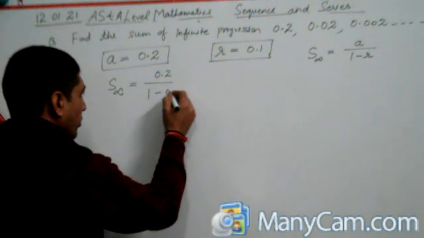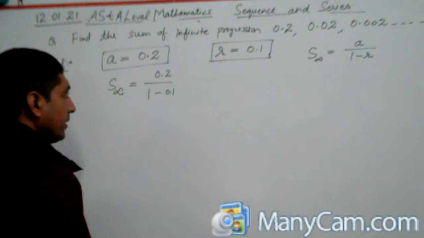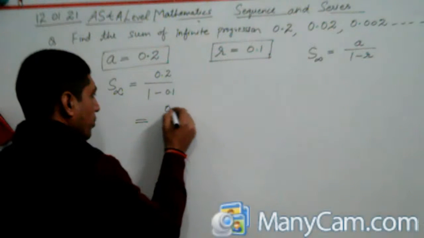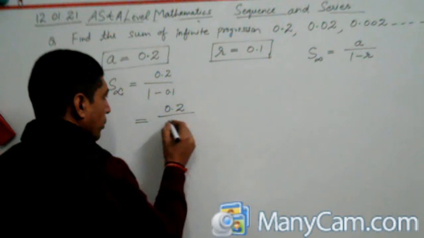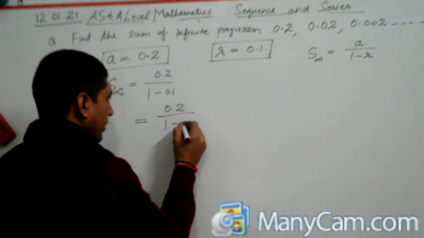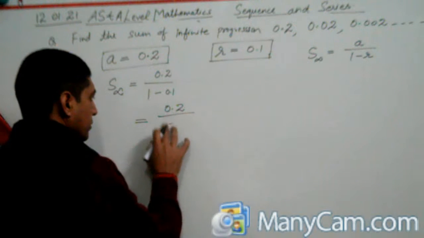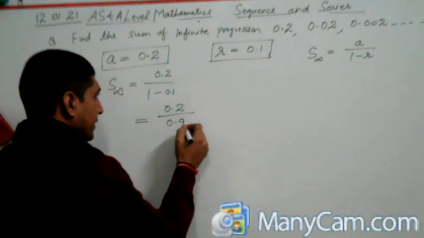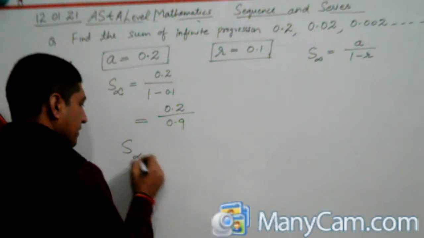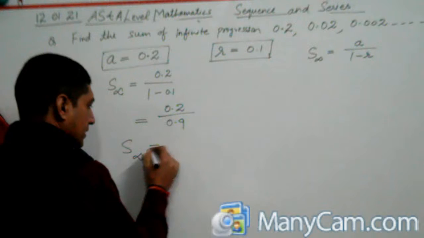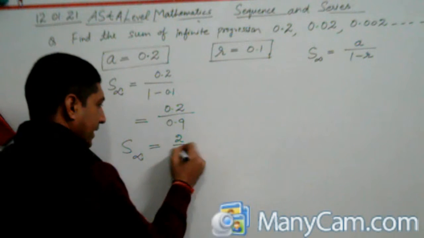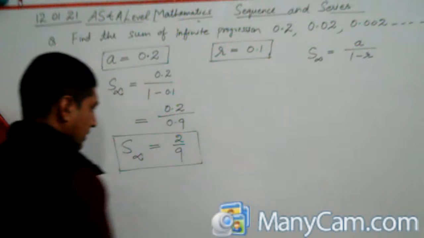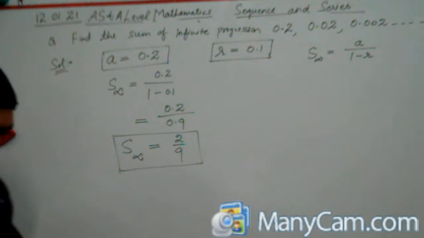So r is 0.1, right? So we have 0.2 upon 1 minus 0.1, which is 0.9, right? So the sum of this infinite progression is 2 by 9. This is the answer. That is 2 by 9.